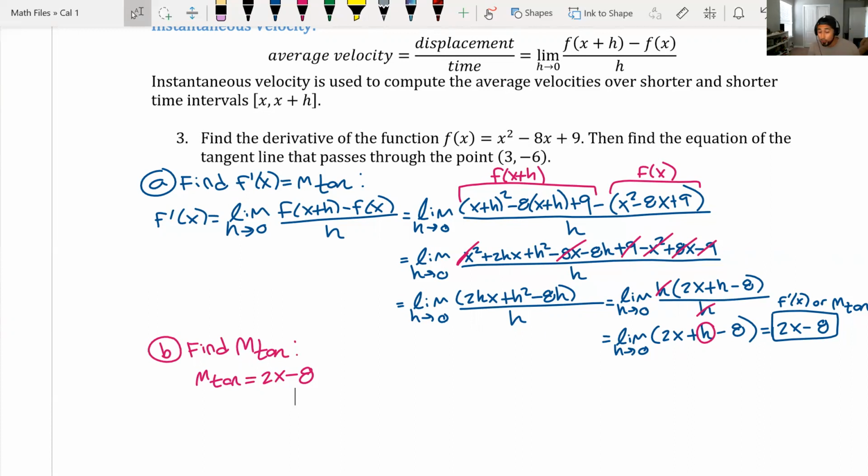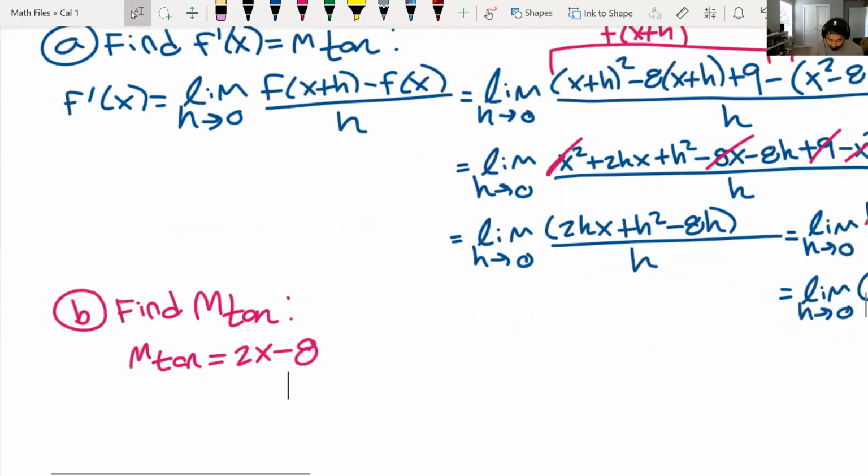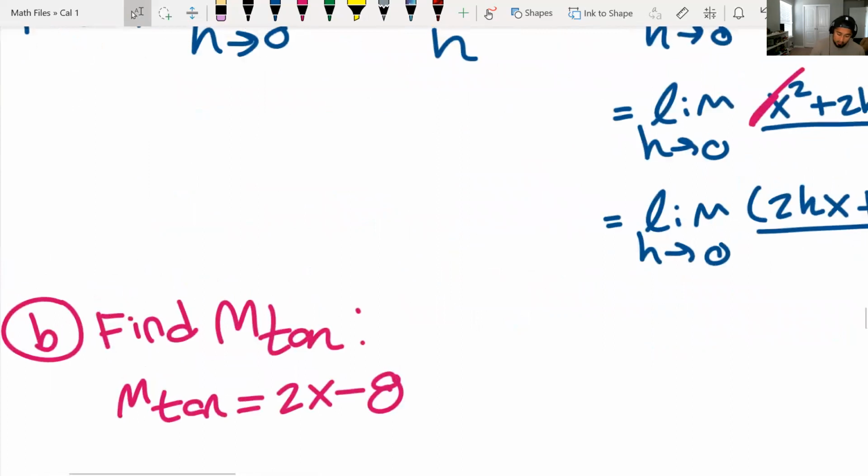So you're going to plug 3 into the slope of the tangent equation, and that'll give us the slope of the tangent line at exactly that point, 3, negative 6. So that's what we're going to do: plug in 3.